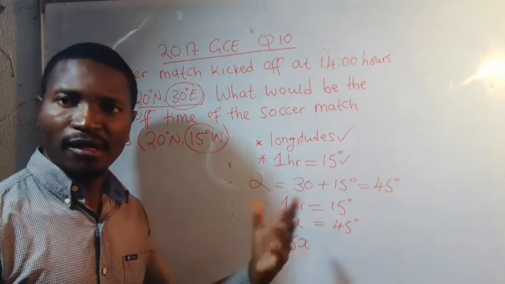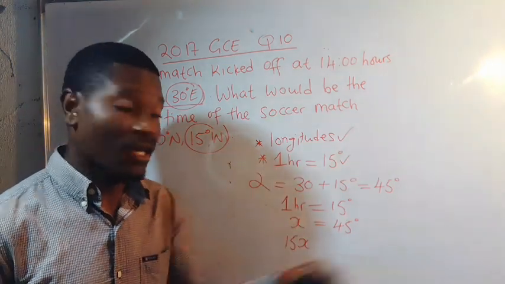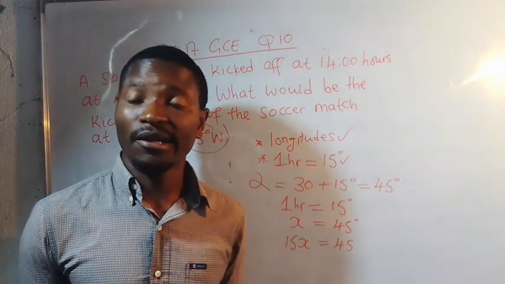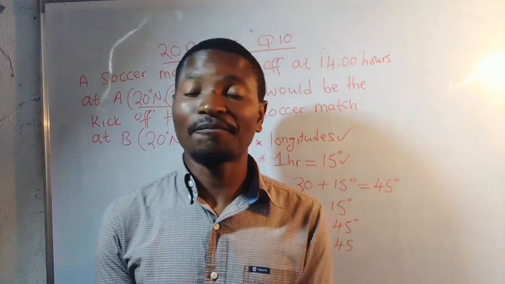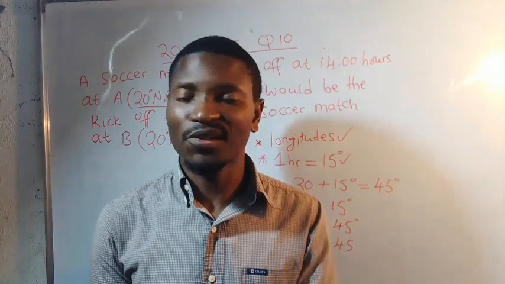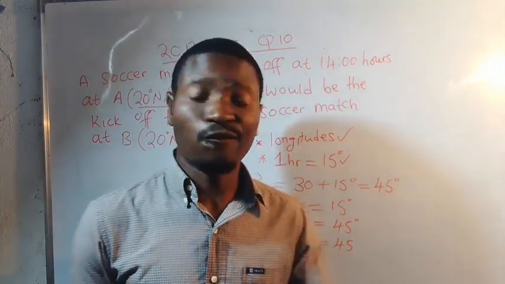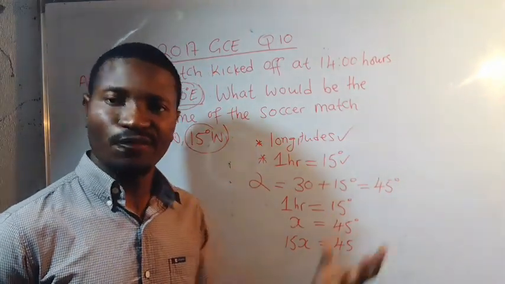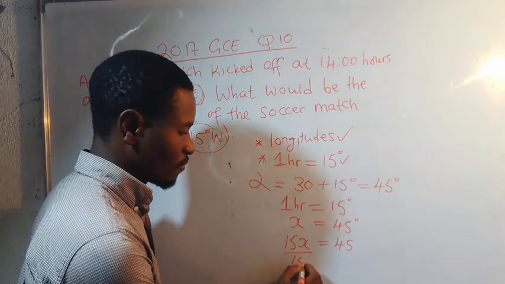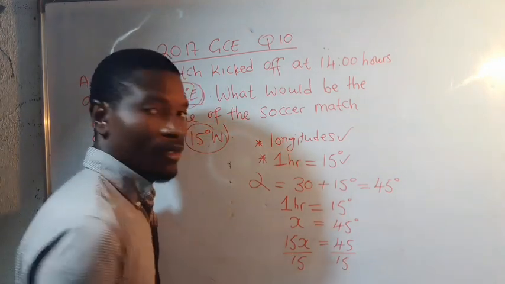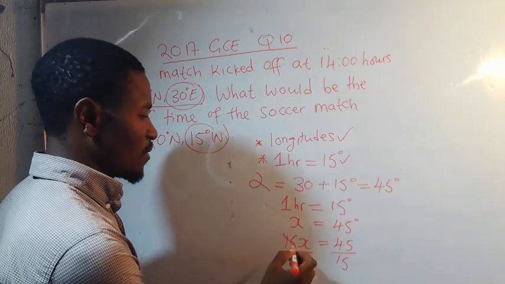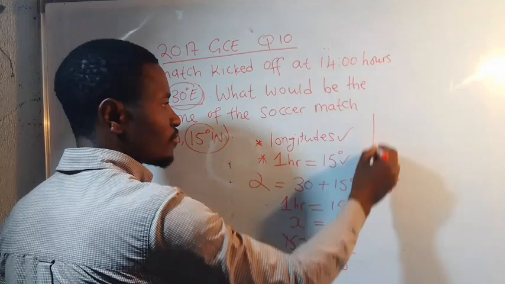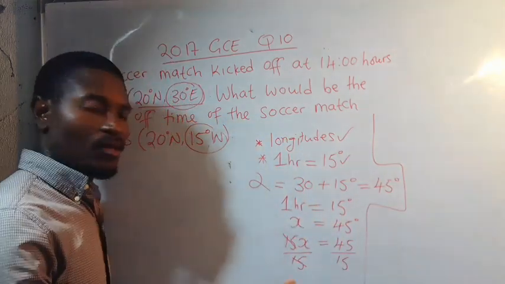So x multiplied by 15, that is 15x, equals 45. You have done basic equations, so it's just a matter of looking for x. You divide both sides of the equation by 15, so this cancels with this.